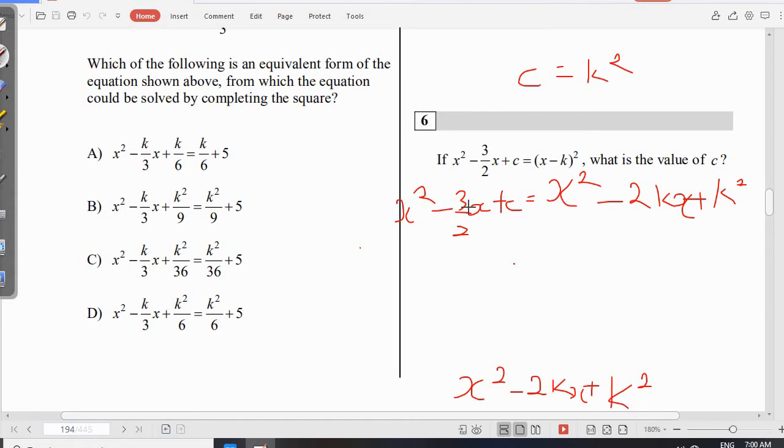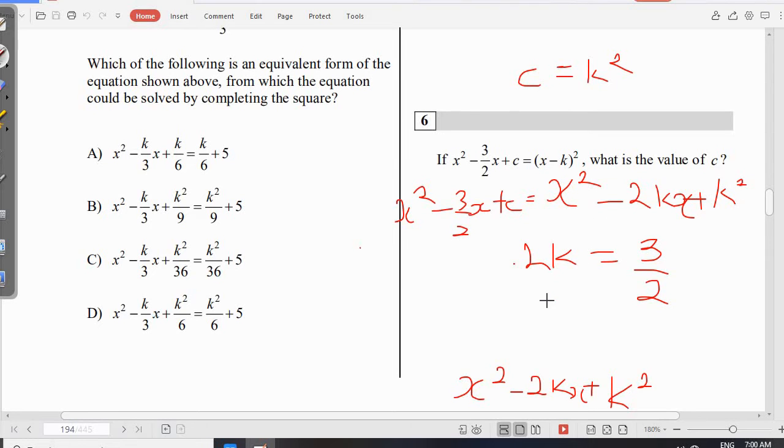But look at it, this is minus x and this is minus x. So 2k is equal to 3 over 2. Related, relational math. While c is equal to k squared, we wrote that up here.